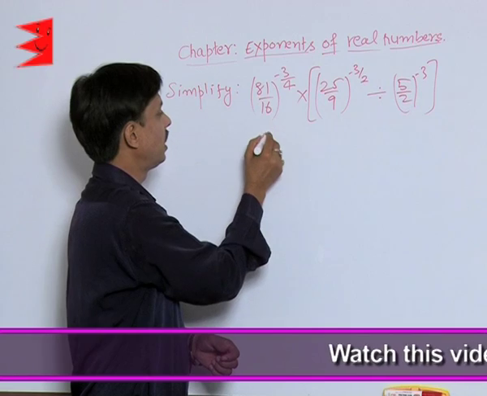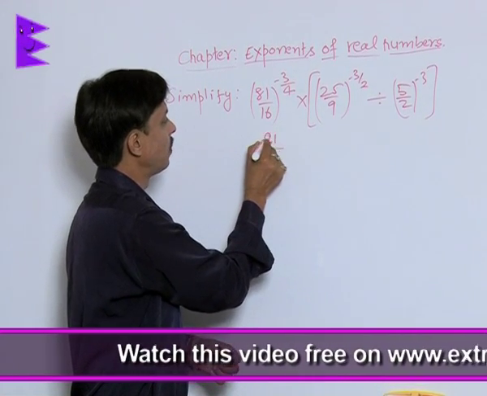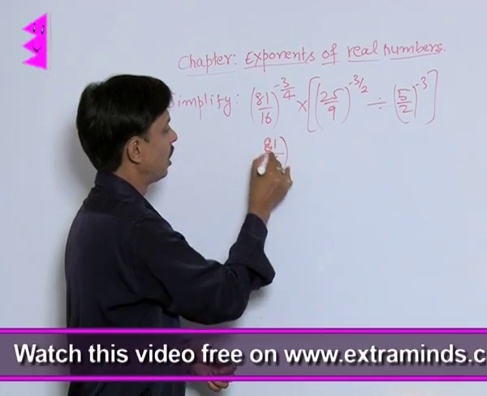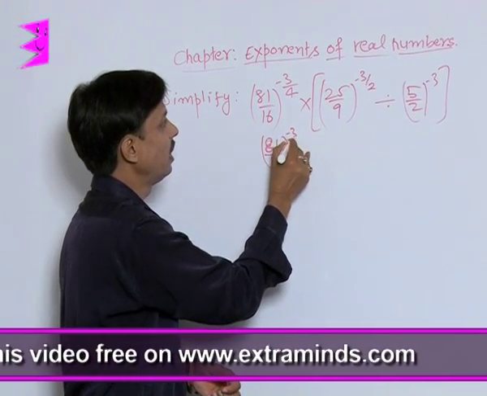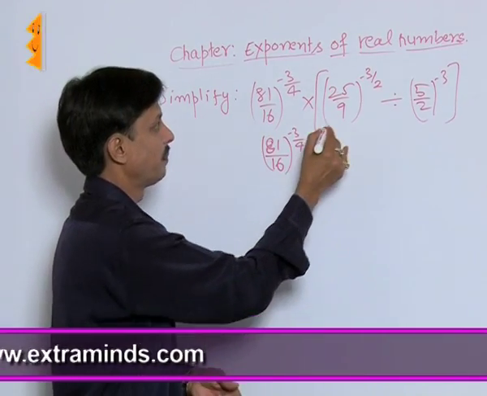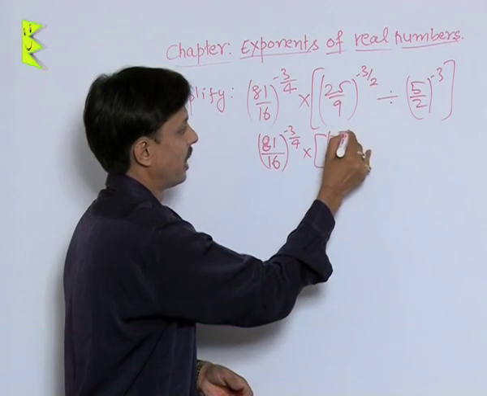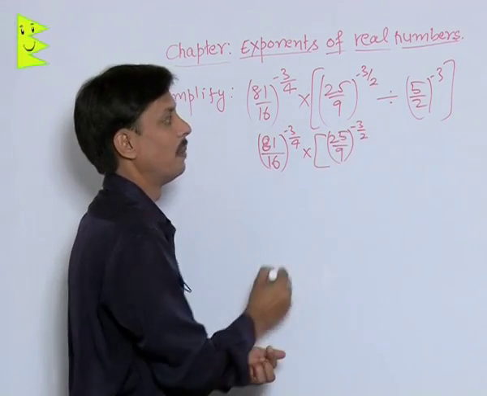It is (81 upon 16) raised to the power minus 3 by 4 multiplied by the big bracket (25 upon 9) to the power minus 3 by 2.